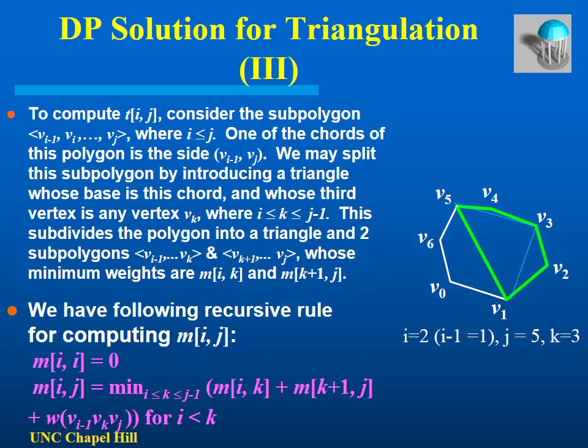That triangle has a perimeter. It's what we call W of v sub i minus 1, v sub k, v sub j. That is to say, in the example, W of v1, v3, v5. It also subdivides this subpolygon into two additional subpolygons that go, in this example, from 3 to 5, in general from k to j, and from i minus 1 to k.